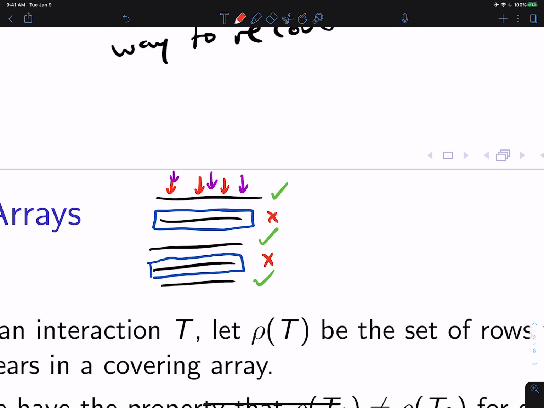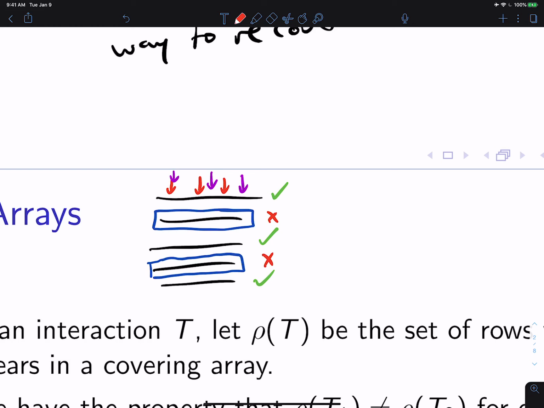Well, it could be the interaction in red that caused these 2 faults, or the interaction in purple, or maybe both of them, or maybe neither of them. But the thing is, these 2 interactions appear in the exact same set of rows, so there's no way we could actually distinguish which interaction it could possibly be.